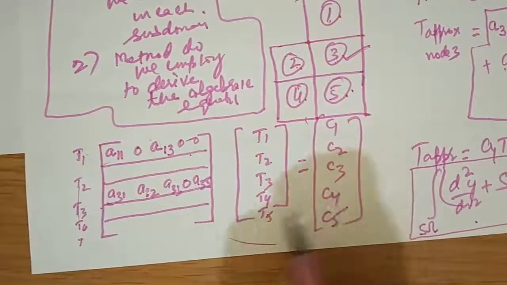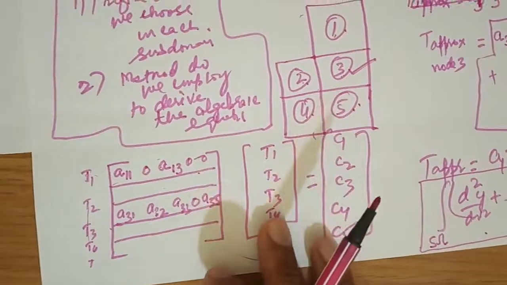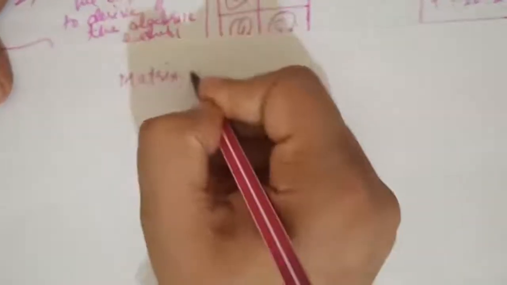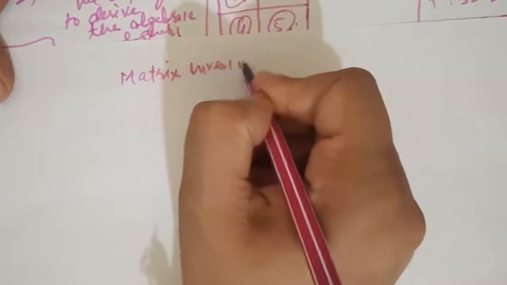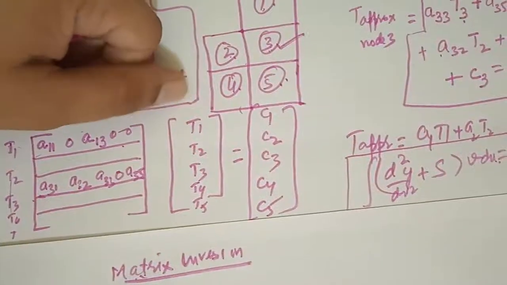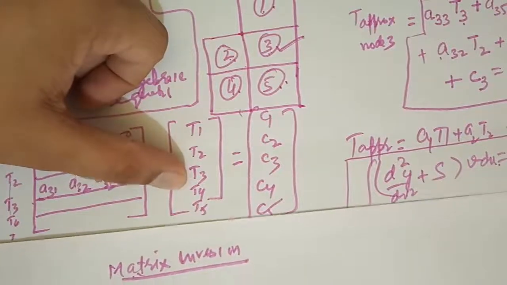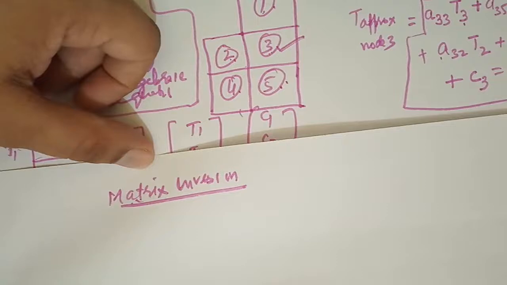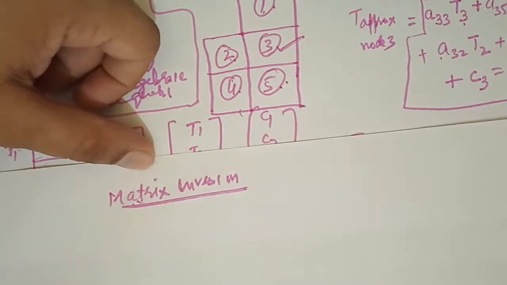So it is in matrix form. Naturally, from our high school mathematics we are conversant with something called matrix inversion. This is a direct method to find out the unknown parameters. But during computer programming implementation, the matrix inversion method is not considered to be an efficient method.